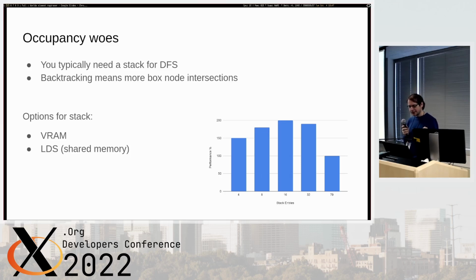So if we actually experiment with the number of stack entries, if we want to cover the full depth of a perfectly balanced tree, we would need 79 stack entries. And that's half the performance of only using 16. So obviously we want to use 16, except that is not going to be good for correctness, which tends to be a requirement.